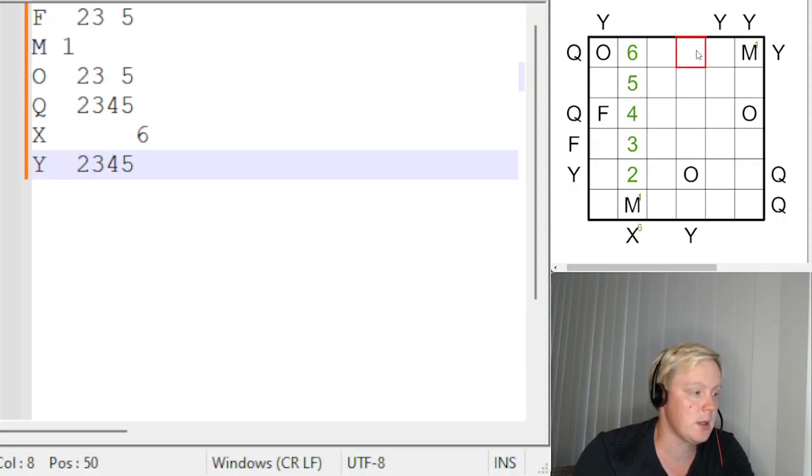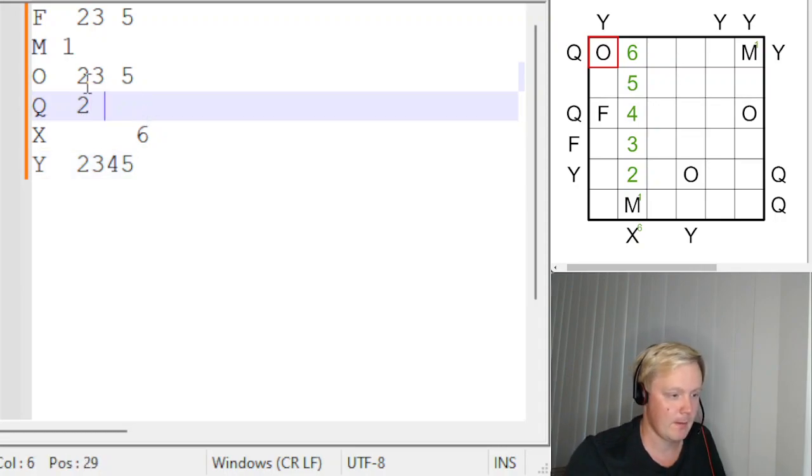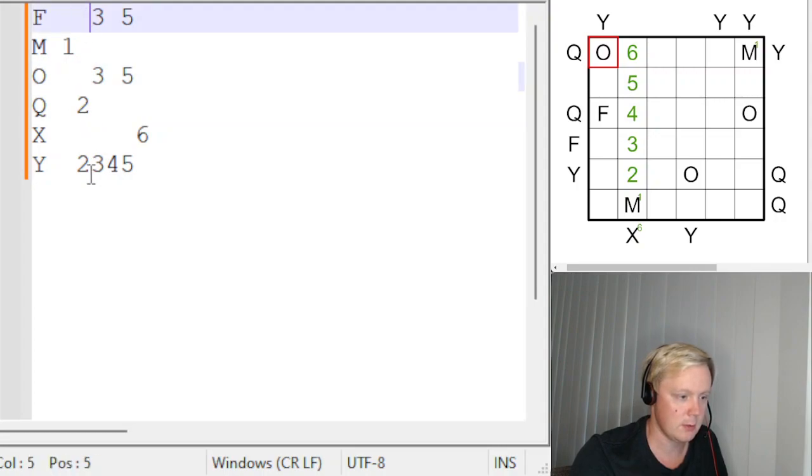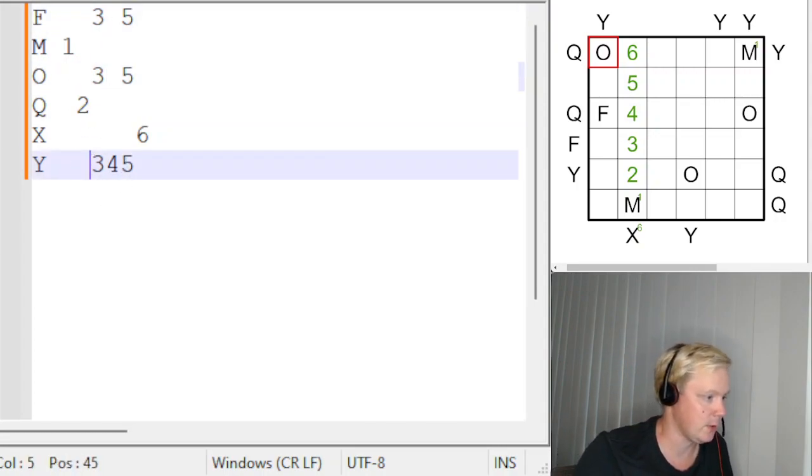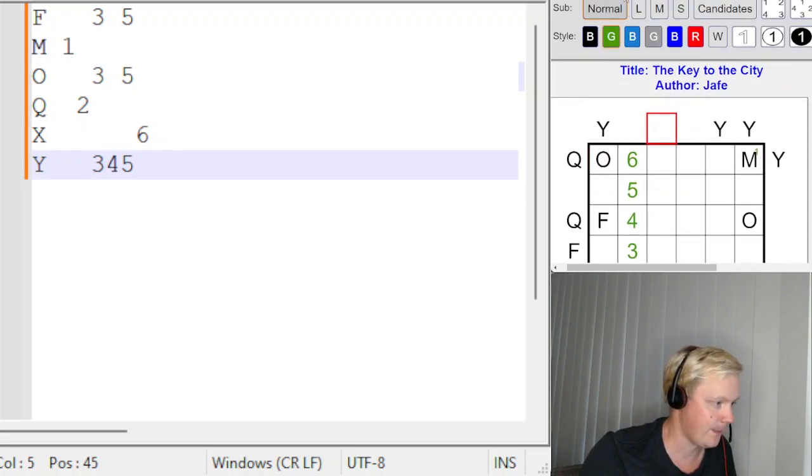So all these are hidden, which means Q can only be 2. Whatever this O is, it's smaller than 6 and it's always visible. So Q is 2, O is not 2, F is not 2, Y is not 2. And we can deduce something else, but let me just fill in the Q's first.